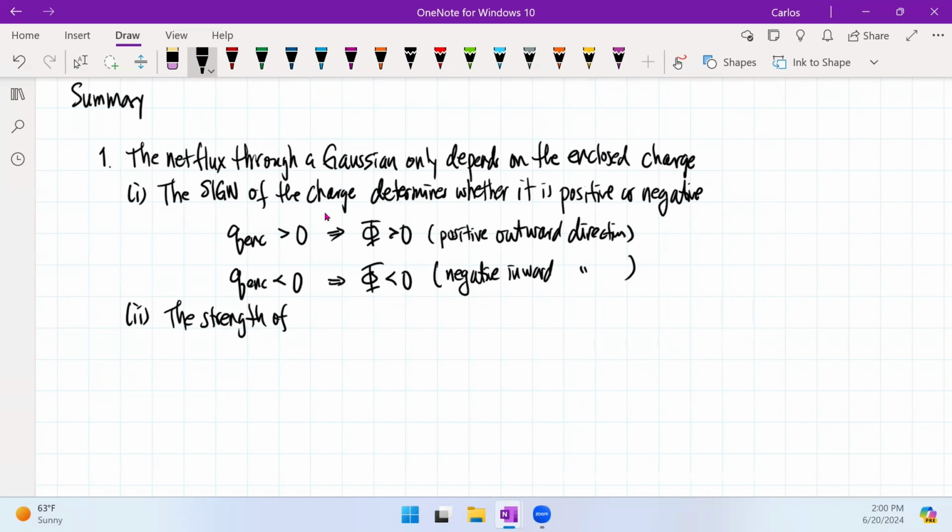The strength of the electric charge determines how much flux pokes through.